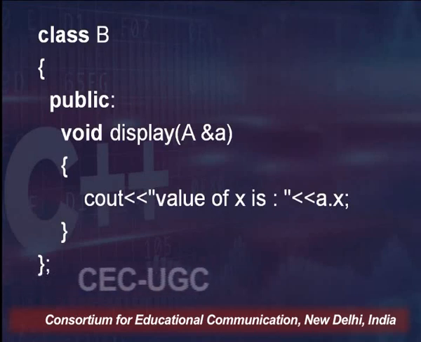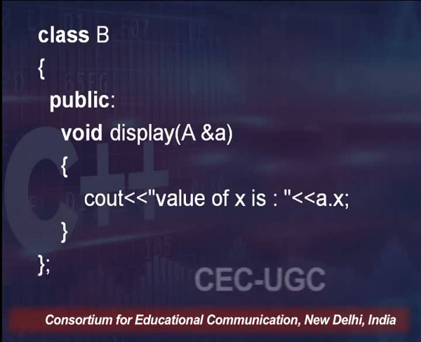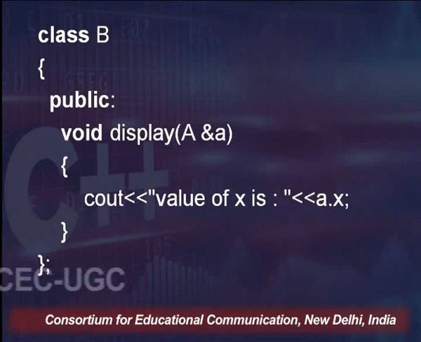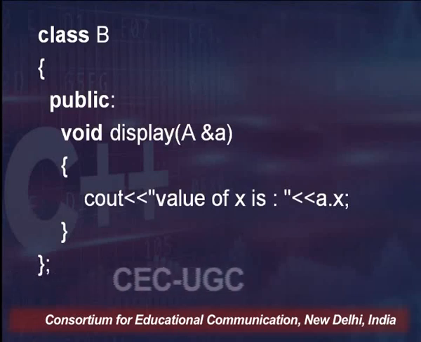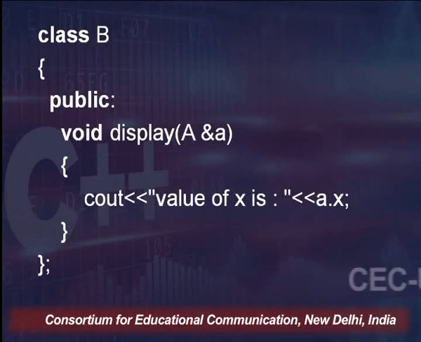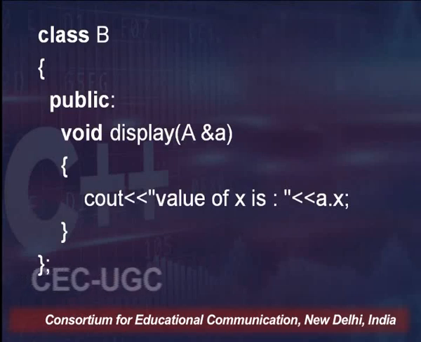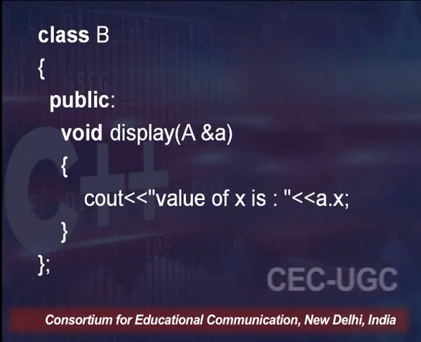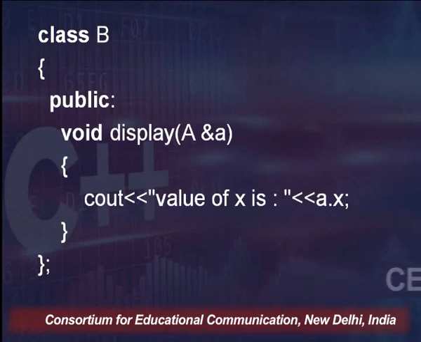In the previous lectures it was clear that if a friend function wants to access a private data member, it has to be done through an object. So here, small a is the object of class capital A, and through that object we have used a.x. This is followed by the closing of the class.